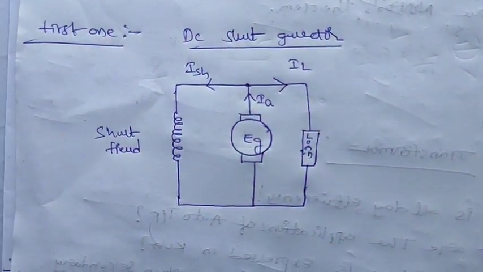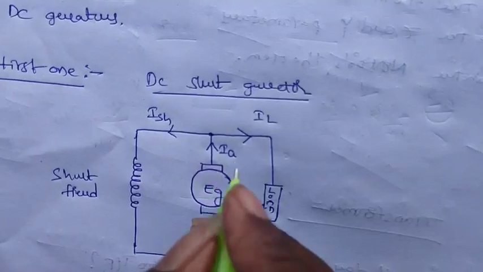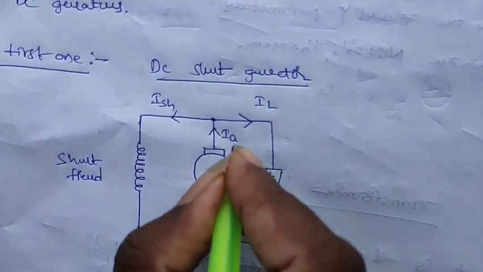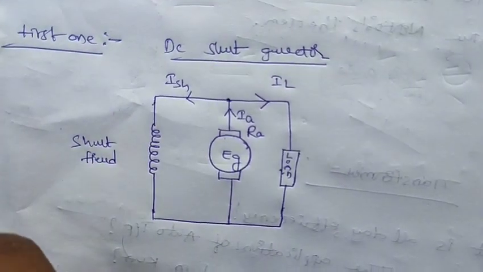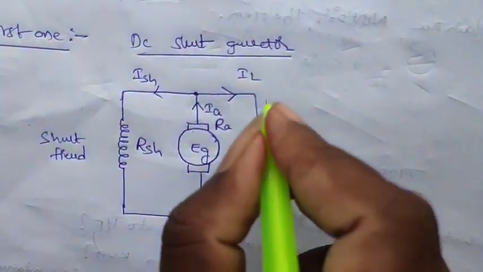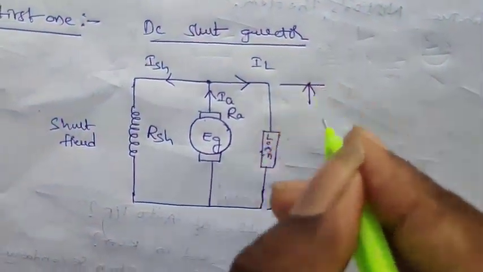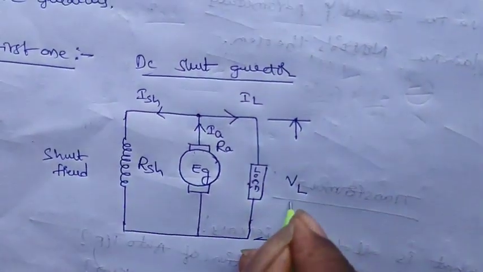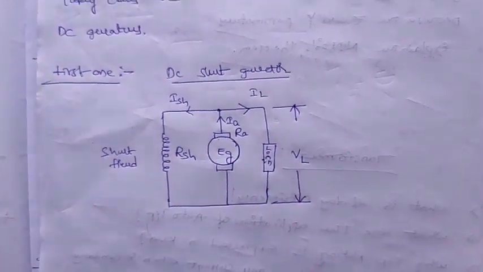So this is the current division. Similarly, the resistance of armature is RA. The resistance of shunt field is RSH. The load voltage is VL.